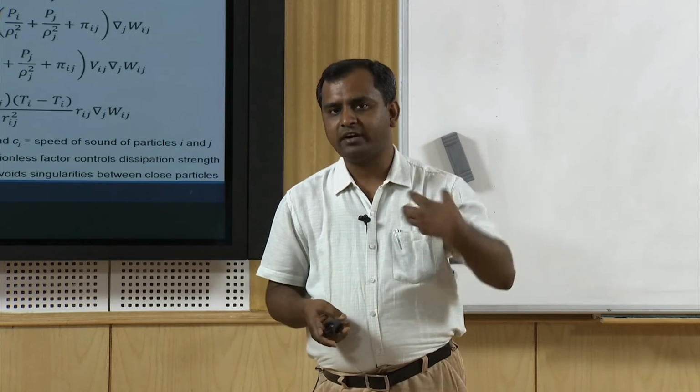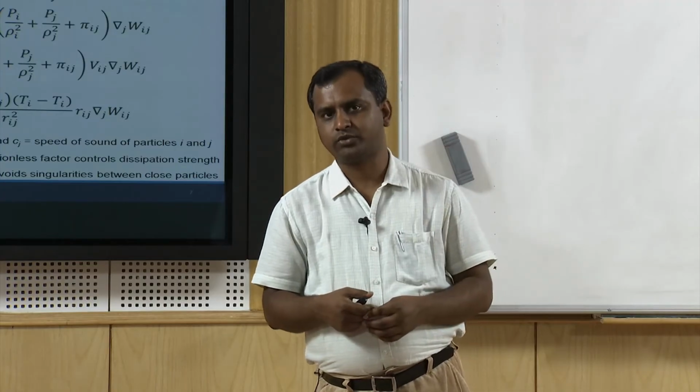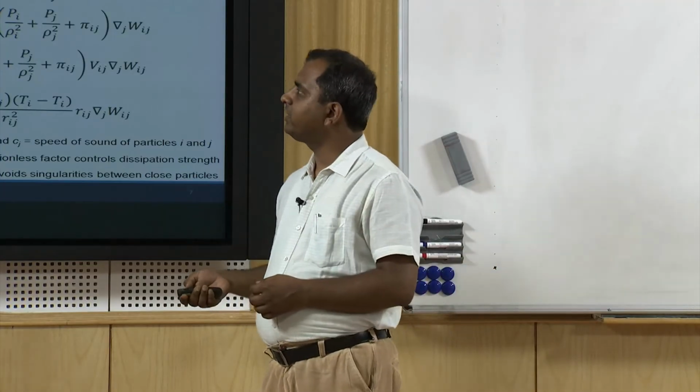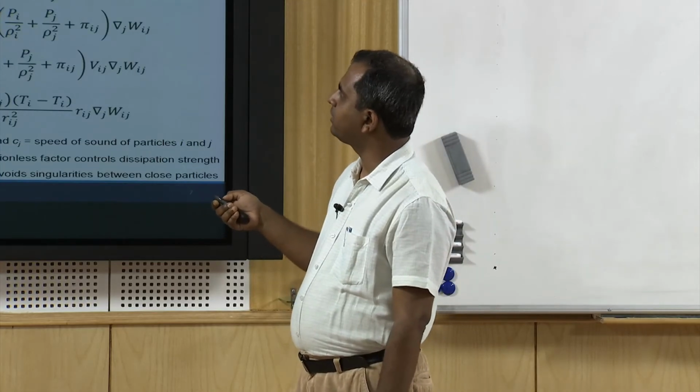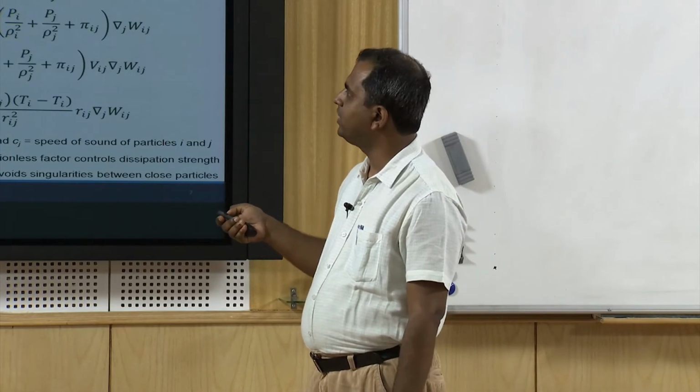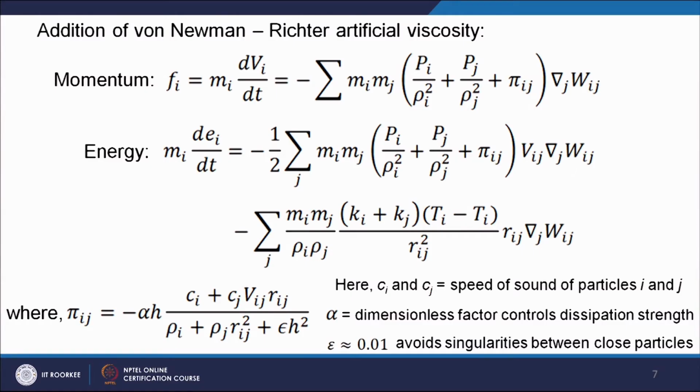We need to give some artificial viscosity from outside. Okay. So, here we are giving the artificial viscosity using the von Neumann-Richtmyer artificial viscosity. If you remember the momentum equation from earlier, we had Fi equal to minus the summation of mi mj and then pi by rho i square plus pj by rho j square.